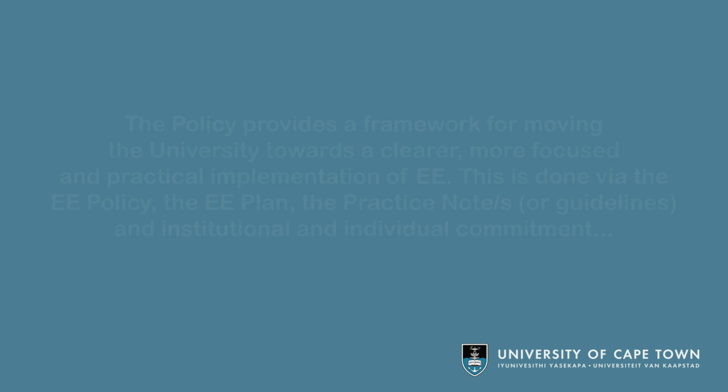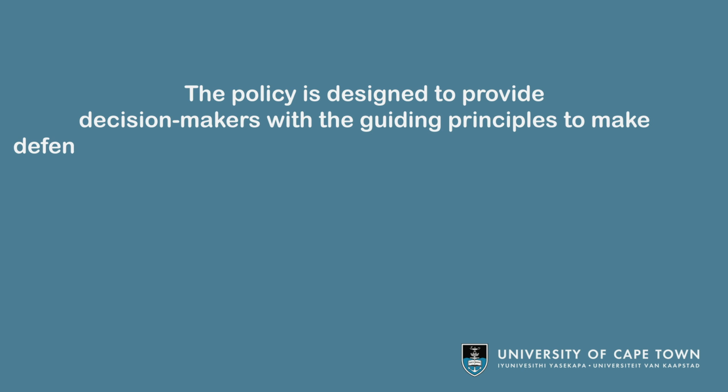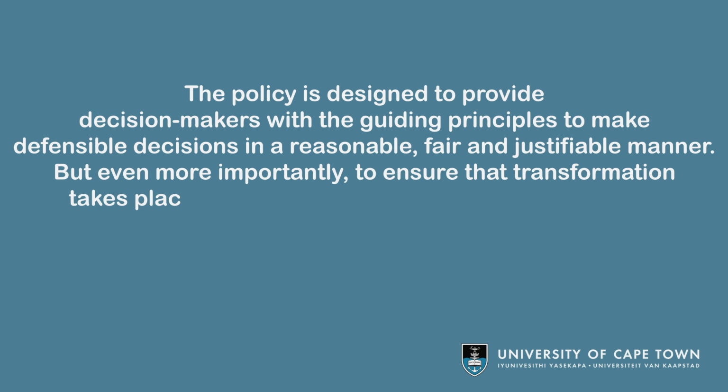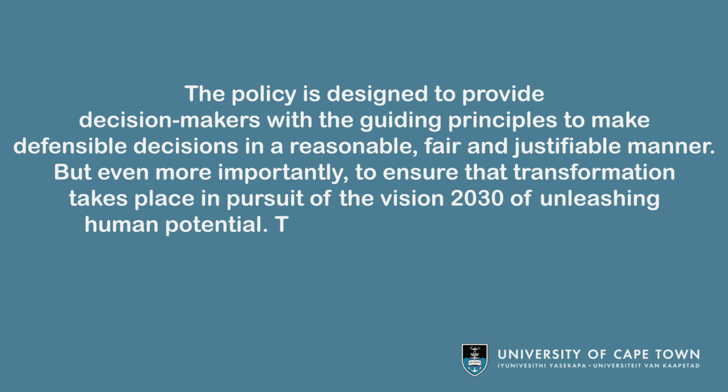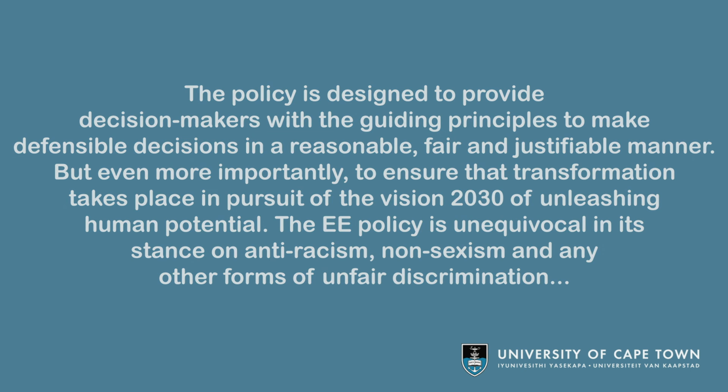The policy is designed to provide decision makers with the guiding principles to make defensible decisions in a reasonable, fair, and justifiable manner. But even more importantly, to ensure that transformation takes place in pursuit of Vision 2030 of unleashing human potential. The EE policy is unequivocal in its stance on anti-racism, non-sexism, and any other forms of unfair discrimination.